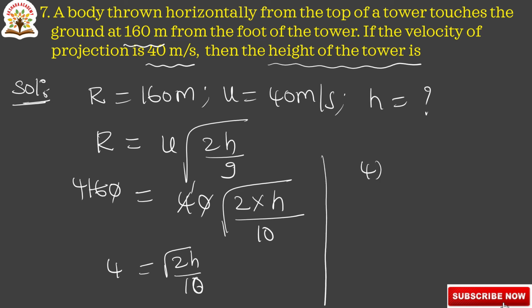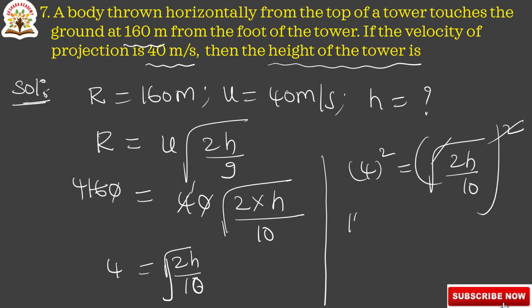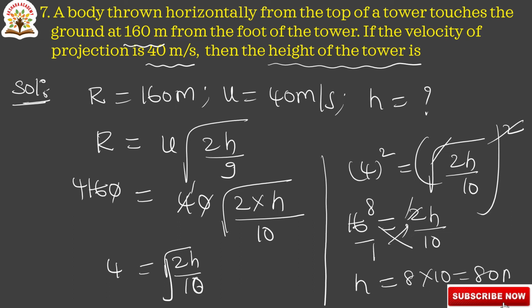So 4 whole square is equal to root of 2h by 10 whole square. Square root will cancel, 4 square is 16. 16 is equal to 2h by 10, 2 eights are 16. Taking cross multiplication, here h is equal to 8 into 10. So that implies 80 meters. Therefore, final answer, h, the height of the tower, is equal to 80 meters. Okay. Next we will go to the eighth question.